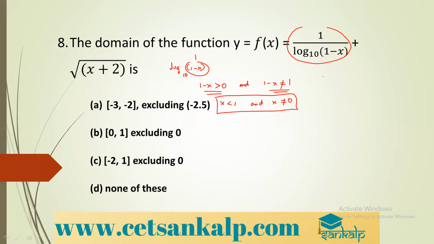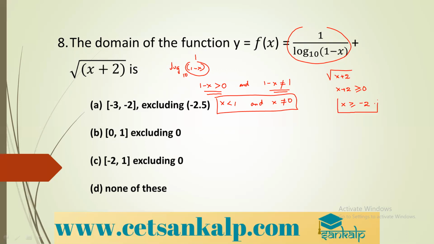Coming to the next part, square root of (x plus 2). For a square root, whatever is inside the square root, x plus 2, has to be greater than or equal to 0. That means x has to be greater than or equal to minus 2.